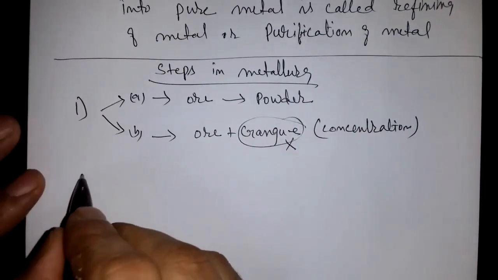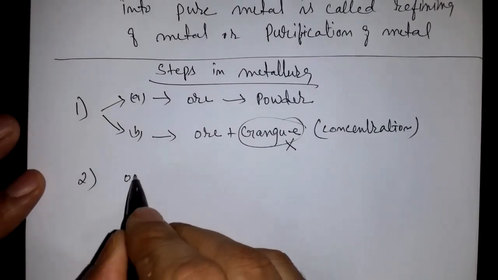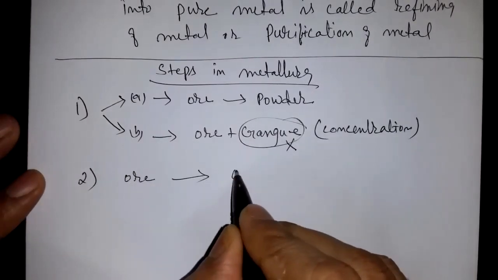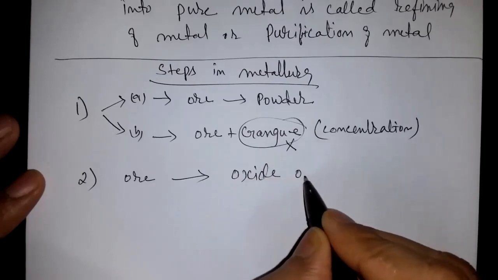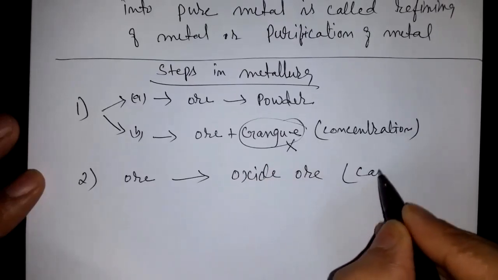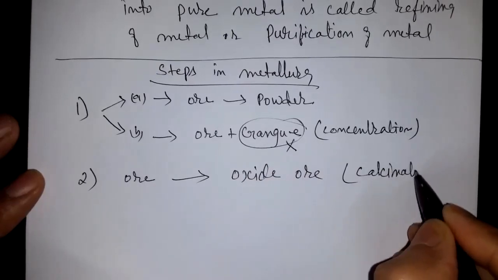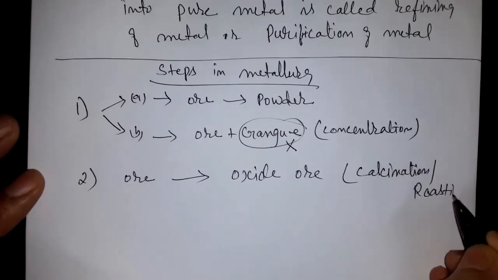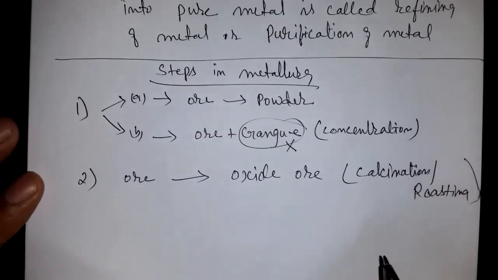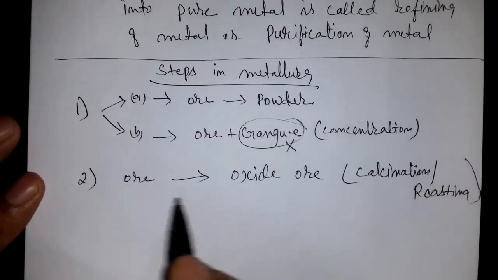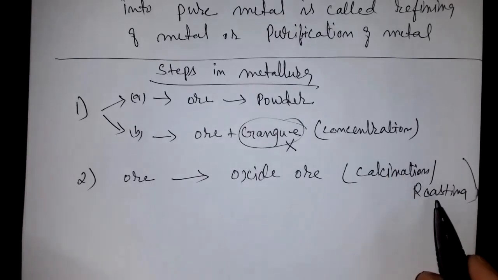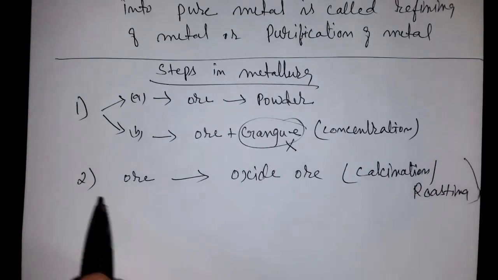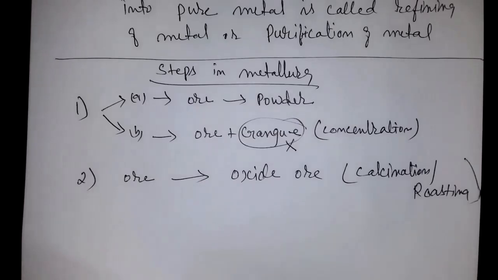Then in the second step, whatever ore we have, we have to convert into oxide ore. For that we have two processes, calcination and roasting. Which process we'll do depends on whether your ore is sulphide ore or carbonate ore. Then only can you decide which process to follow. But if your ore is oxide, step 2 is not needed. You can go directly to step 3.